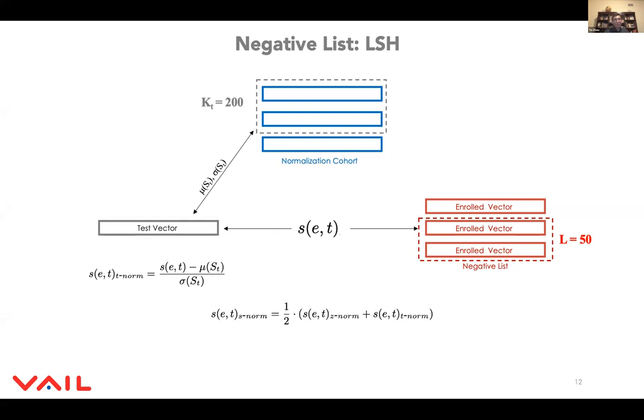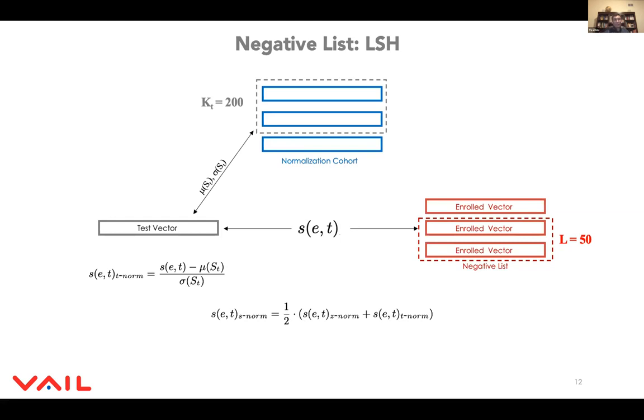And the same is true between the test vectors and the normalization cohort, because if you're going to use AS norm or NL norm, only the high scores are needed for the normalization. So to that end, LSH can be applied. LSH is an algorithm that hashes similar input items into the same bucket with high probability. So it can be used to quickly find a small set of nearest neighbor vectors that have the potential to produce high similarity scores with the test vector.